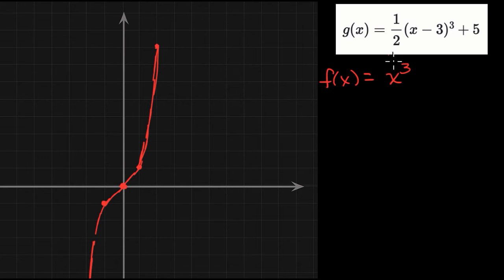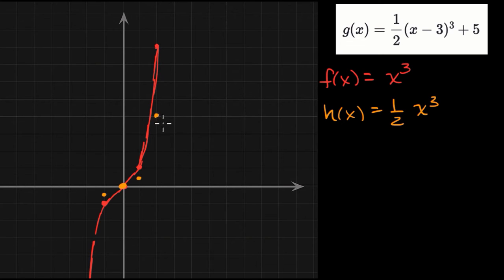We could do the shifting in either order, but let's scale it first. So let me write another function here, h of x is equal to 1/2 times x to the third. Well, h of 0 is still going to be 0, but h of 1, instead of being 1, is now going to be 1/2. We have to multiply by this 1/2 here. Similarly, h of negative 1, instead of being negative 1, is going to be negative 1/2. h of 2, instead of being 8, is now going to be half of that.